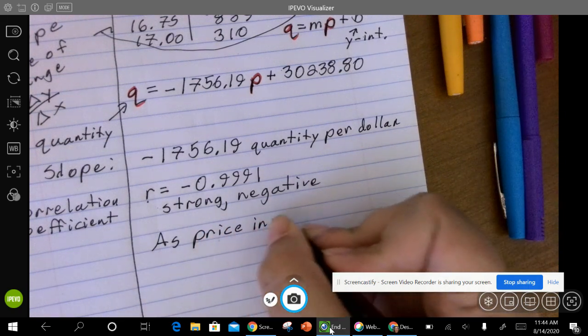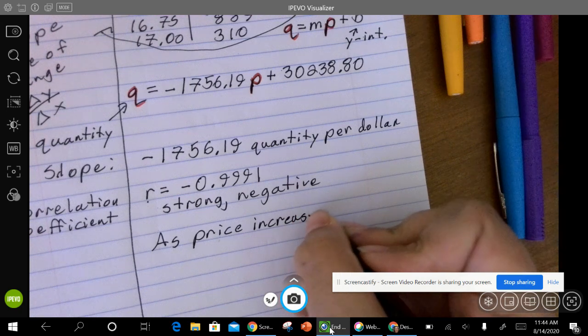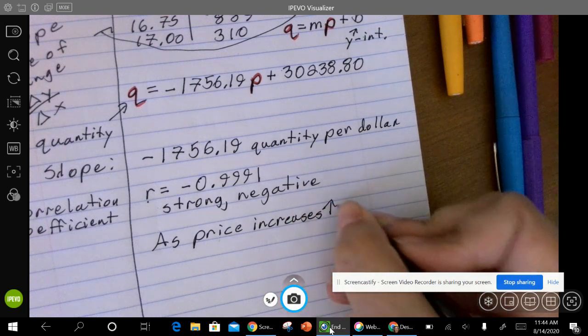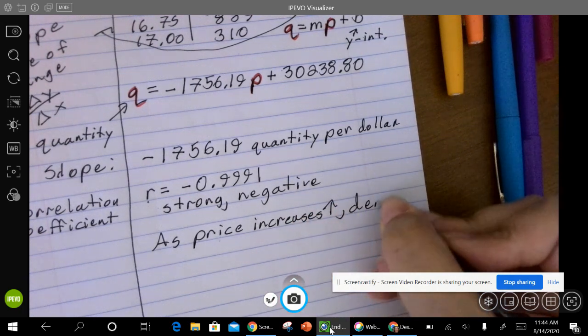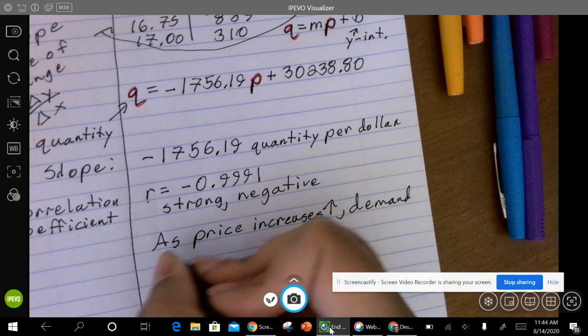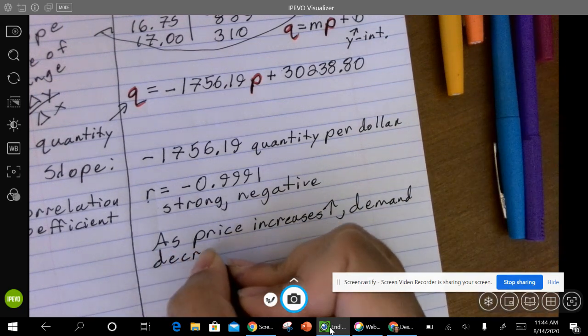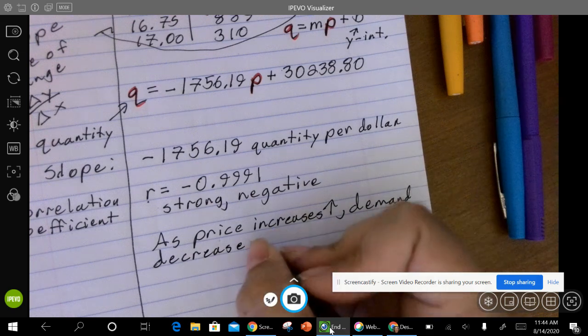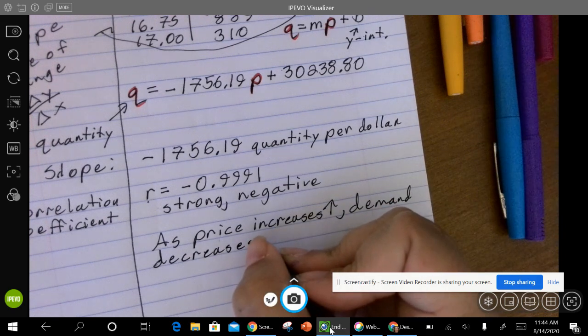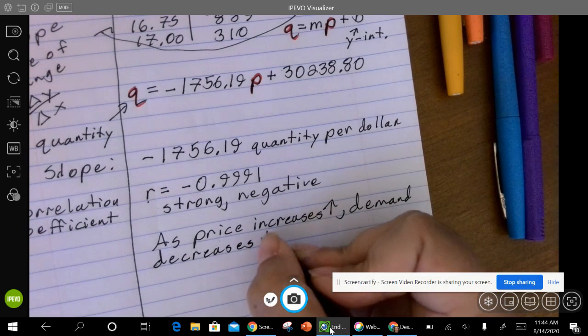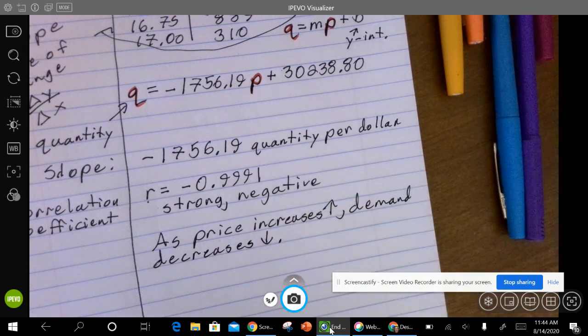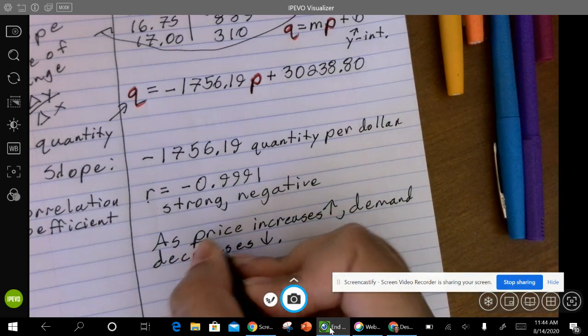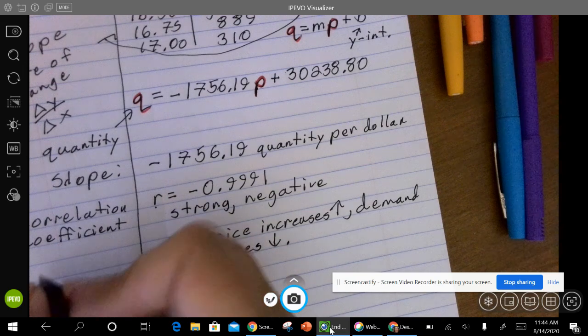Okay, so as the price increases, and everybody can also just write an arrow if you want, the demand decreases, so it's going to go down. Because remember, they're also going to add their markup. And you can also just do a P for price.